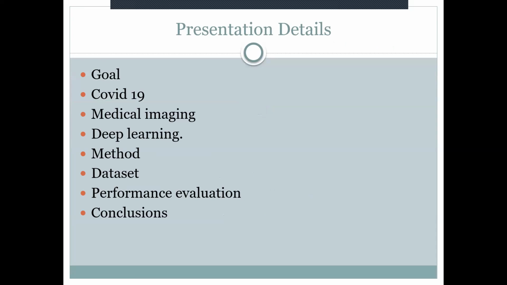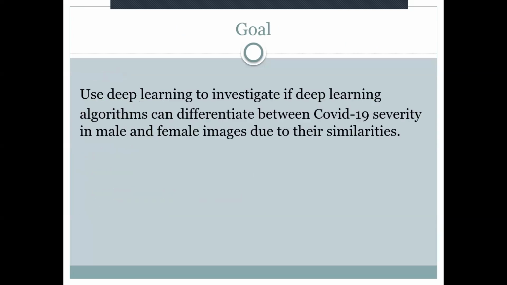Then we're going to see the data set that we used, some brief information about it, elaborate on what we did, the performance of the work, and evaluation from our yardsticks. And then we're going to come to the conclusion.